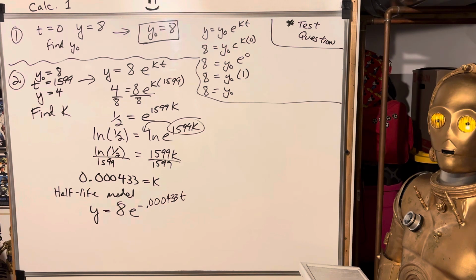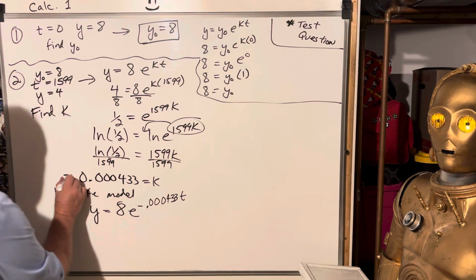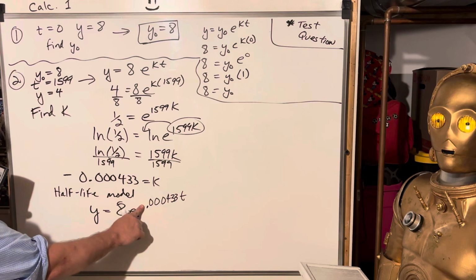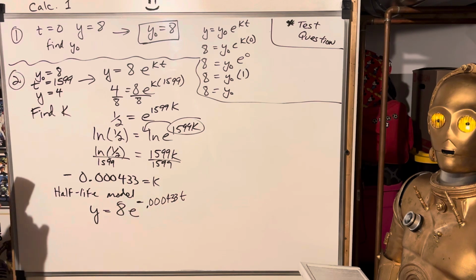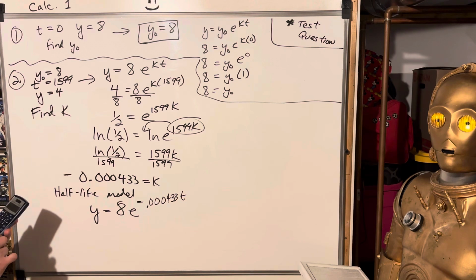Yeah, I left the negative off. Ooh, don't forget that negative. That's important. And then divide by 1599. We'll just confirm the number. You betcha. 4333, 488. Okay, so let's add that negative on there.